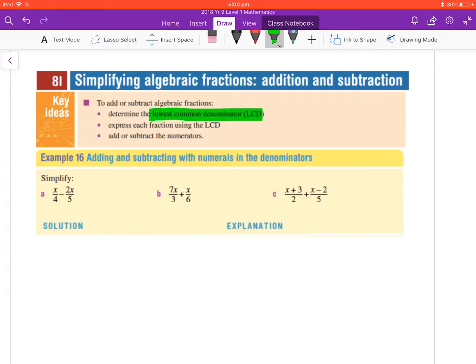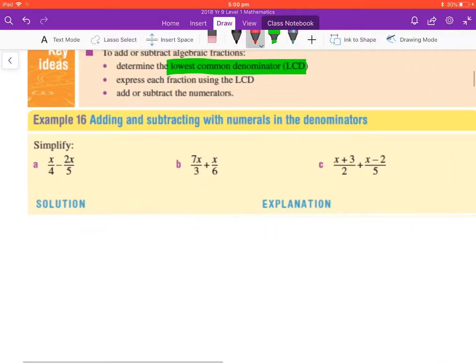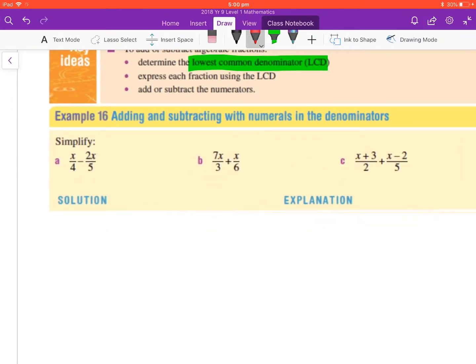That's step number one. The only difference that I'm adding in today is that we now have algebra as part of it, so you'll be simplifying algebraic fractions.